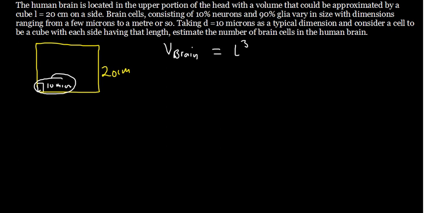A micron is more like a micrometer. Now I want to find how many cells are in the brain. That's what we want to work out. So the first thing we need to do is find the volume of the brain. We find the volume of a cell and then we divide, to give us how many cells are in the brain. Is that okay?